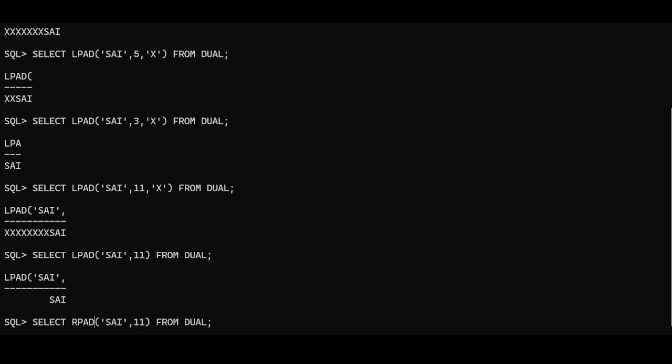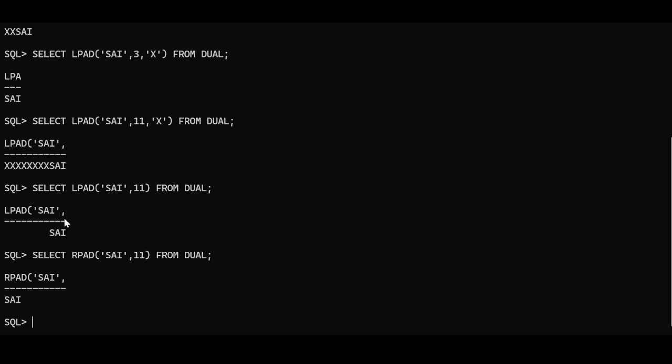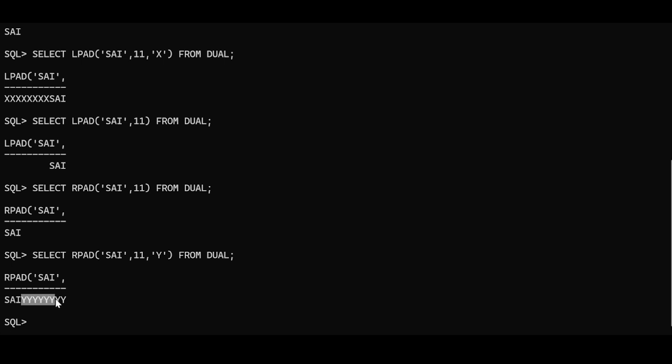rpad Sai 11. This time the spaces will be filled on the right side by default. If you want to specify any character, say y, then y will be filled. 11 minus 3 is 8, so the y will be filled on the right side of the given string 8 times.